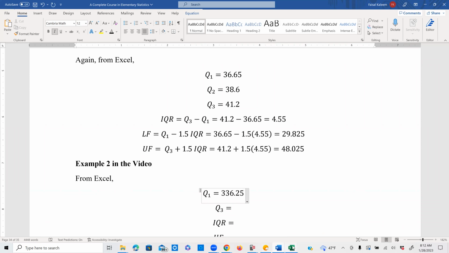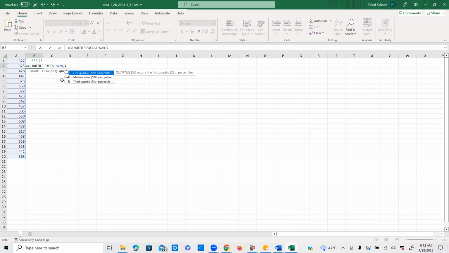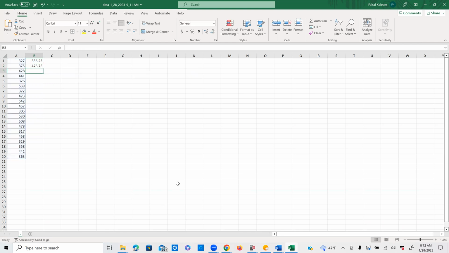Now let's find the third quartile. So equals quartile. Let's select this, highlight everything, comma 3. So 476.75.